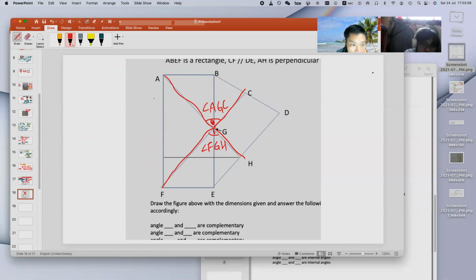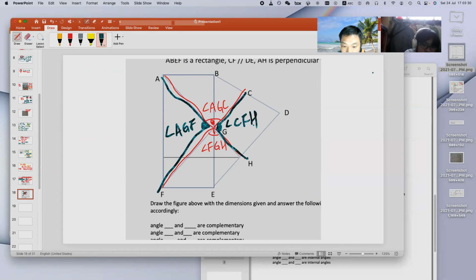Okay. Another one. Angle AGF is opposite to this one, right? Yeah. Which is angle CGH. CGH. Can you see?